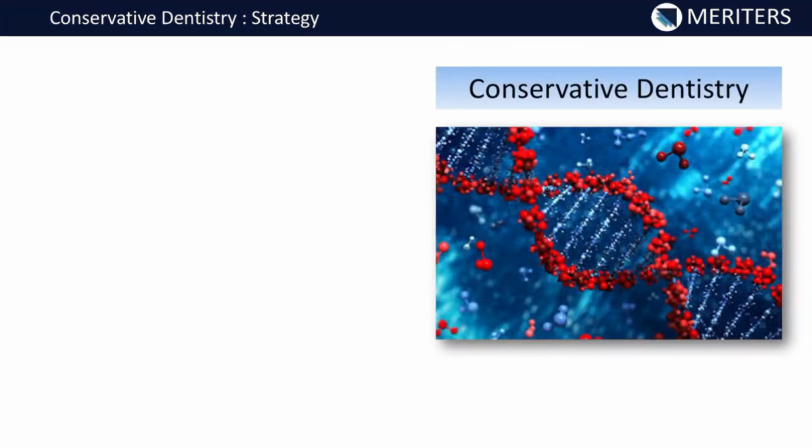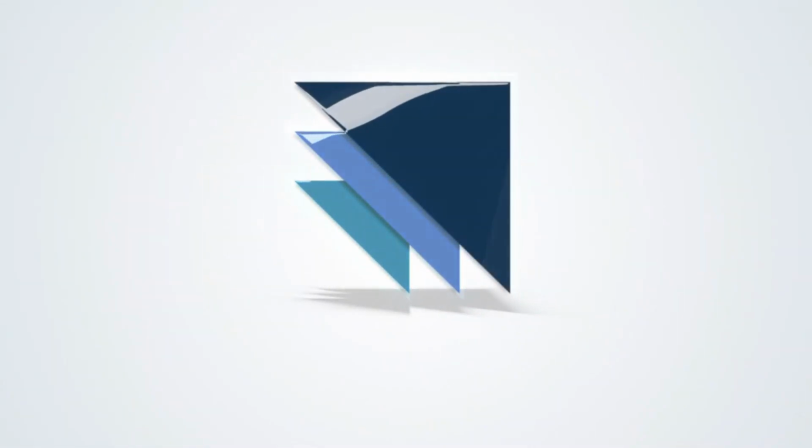So this was all about conservative dentistry. The whole approach is knowing the advancements, knowing the different types of instruments, and getting a good hold on the dentin bonding agent as well as your composites. And of course, reading principles of cavity preparation is basically the brushing up of what you have read in your undergraduation. So this is all about conservative dentistry.